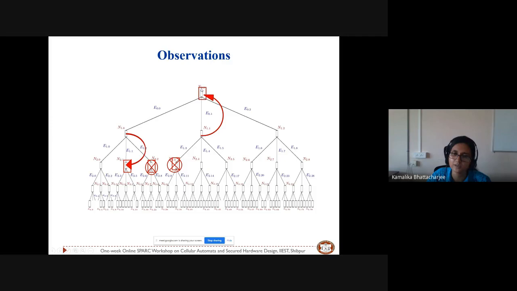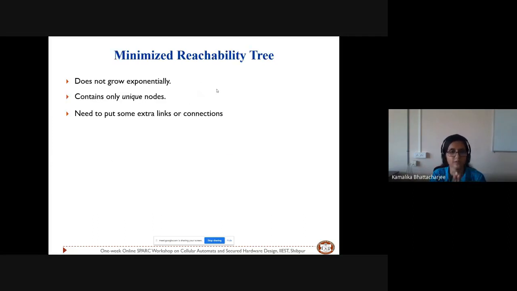So this n0.0 is connected through this link. In this way, we can minimize the structure of the reachability tree to some manageable number of nodes. So we develop the minimized reachability tree. What is the benefit of this tree?